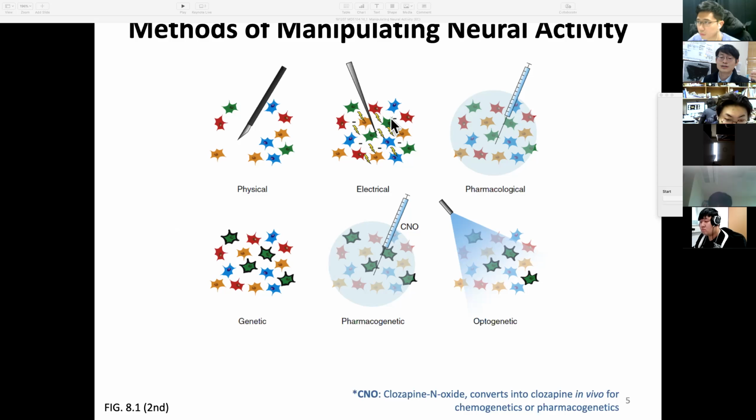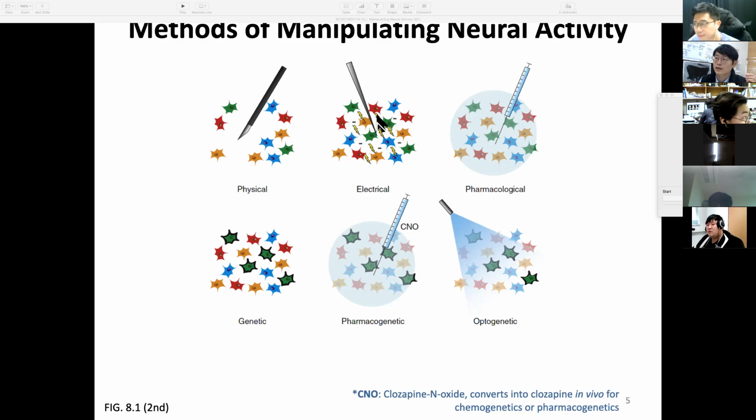Another example is electricity. For a severe depression which is resistant to any drugs, the patient can undergo electroconvulsive therapy, where you give a shock to the brain and reset it, which sometimes reduces the severe depression. So electrical stimulation is definitely a good way of manipulating.